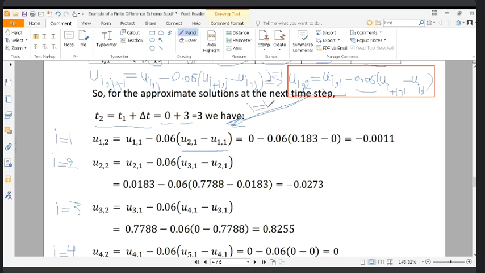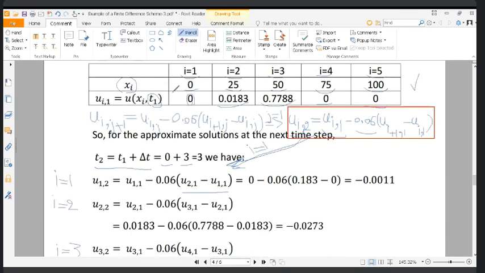When we put i equal to 1, we have u1,2 equal to u1,1 minus 0.06 (u2,1 minus u1,1). The values of u at T1 are written in this table. At this table, we have the u(i,1). u1,1 is 0, and we put 0. u2,1 is 0.184.